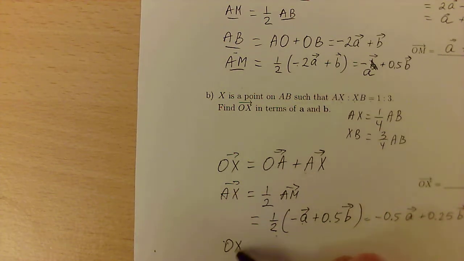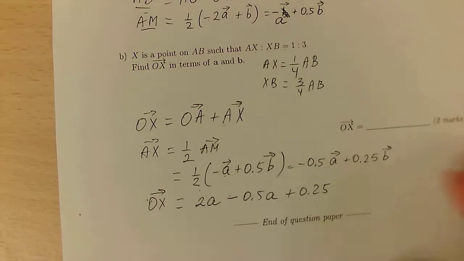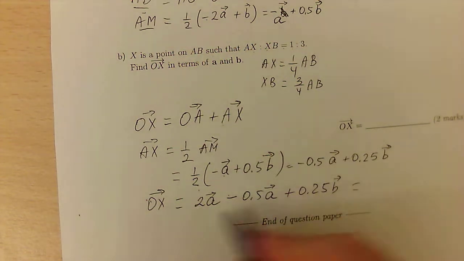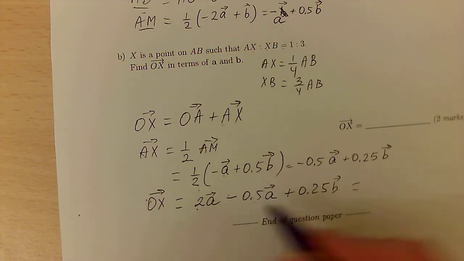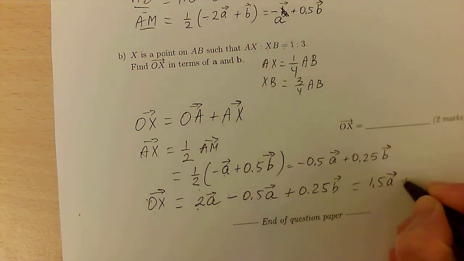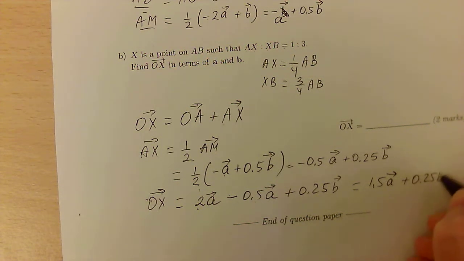Let's go back to OX. OX is OA, which is 2a, minus 0.5a plus 0.25b. All those are vectors. So 2a minus half of a is 1.5a, plus 0.25b.